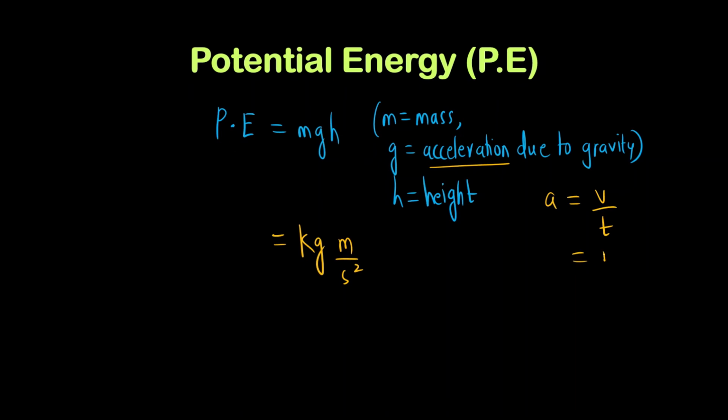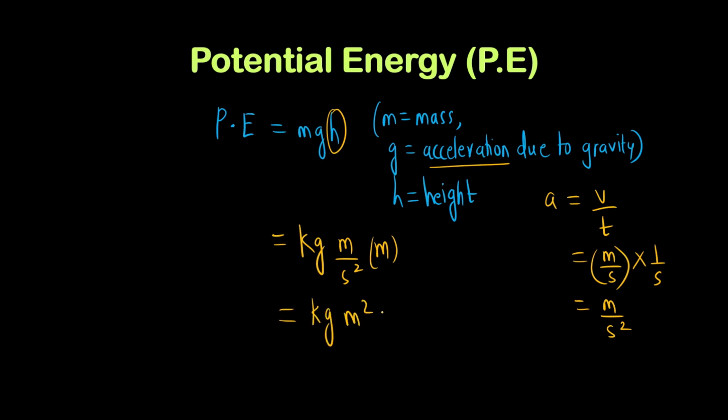What is the unit of velocity? Meter per second into 1 by t. 1 by t means 1 by second. So this is how we get the unit of acceleration, meter per second square, into height, that is distance, again will be meter. So here also you can see it is kg meter square second raised to minus 2.